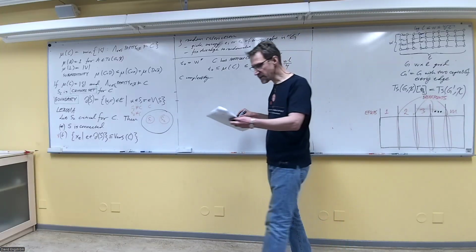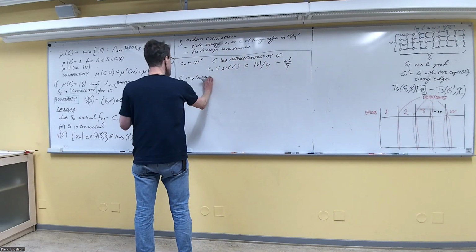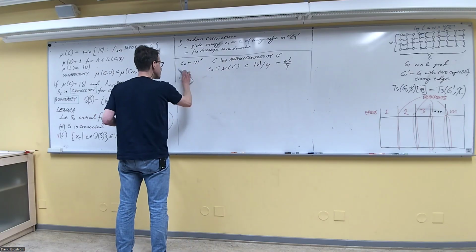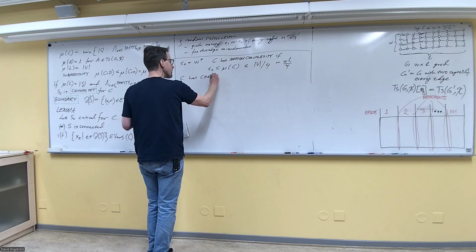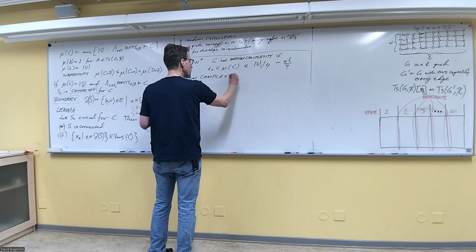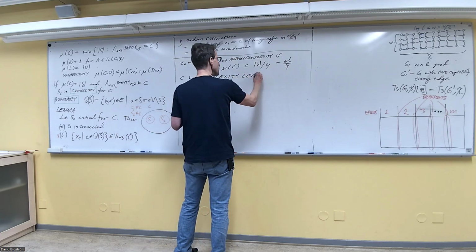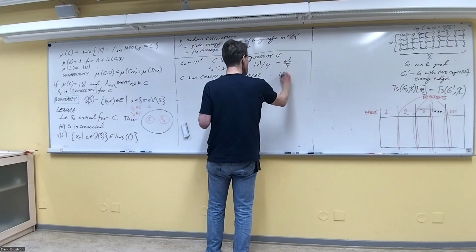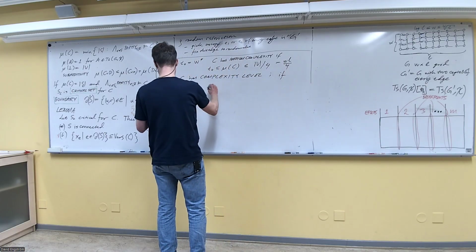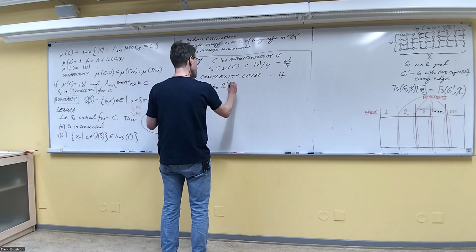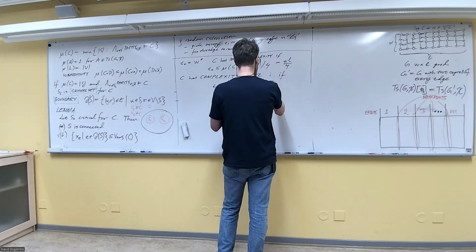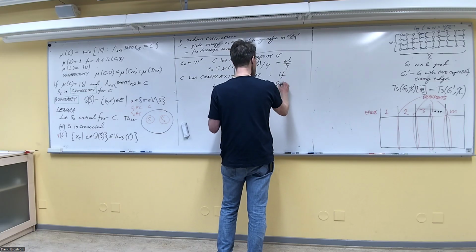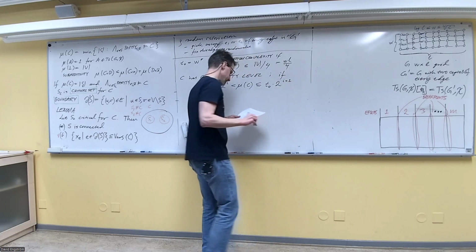How many? Let me define what a complexity level is. I say that a clause C has complexity level I, which is a natural number, if T0 times 2 to the I is strictly less than the complexity, which is less than or equal to T0 times 2 to the I plus 1.